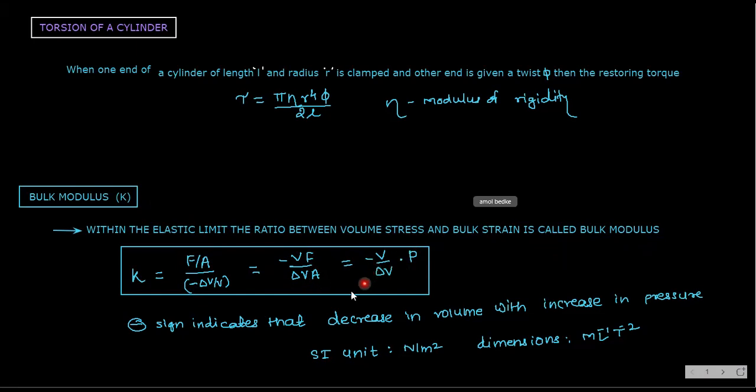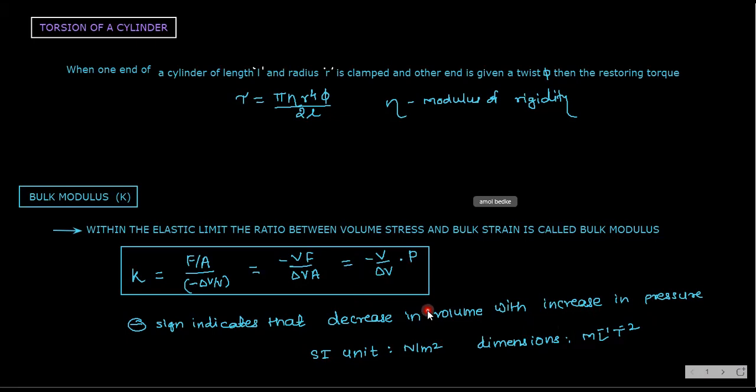And why are we getting a negative sign? Because when you increase the pressure, volume will decrease. For example, in thermal properties of matter, we have seen a piston above, and if we apply some pressure on that piston it will come downward, or it will compress the gas.